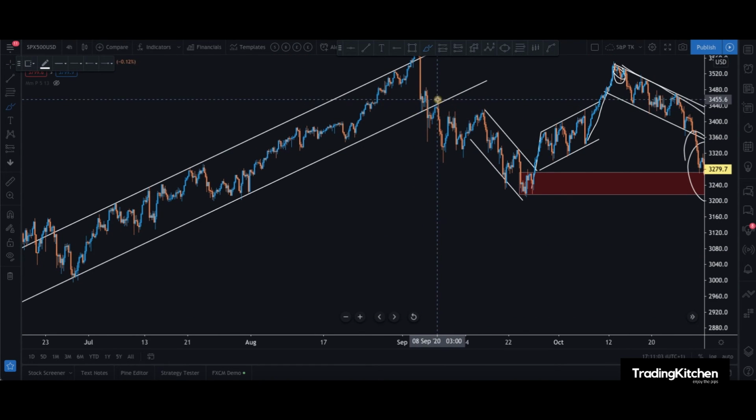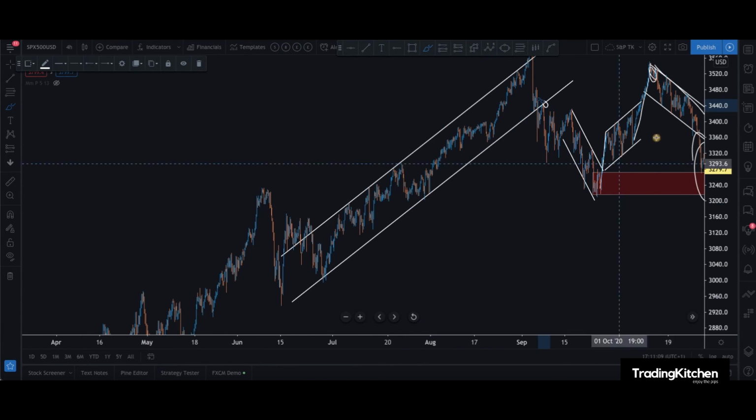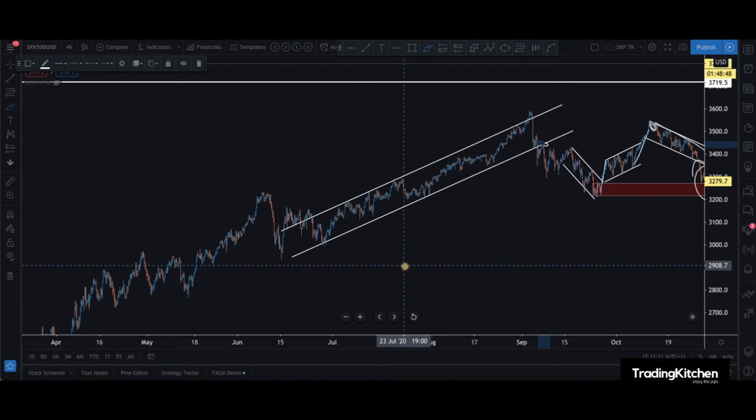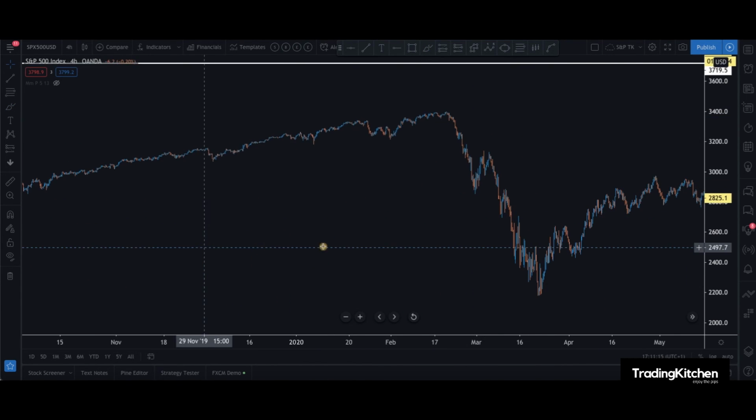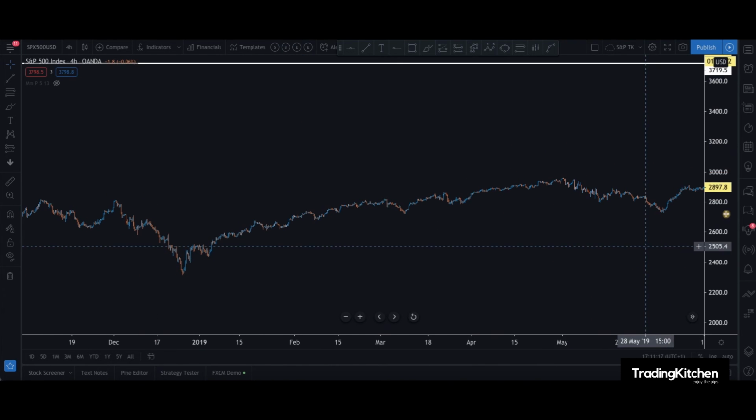Look here. Breakout, test, and we can go short. Let's move very backward.